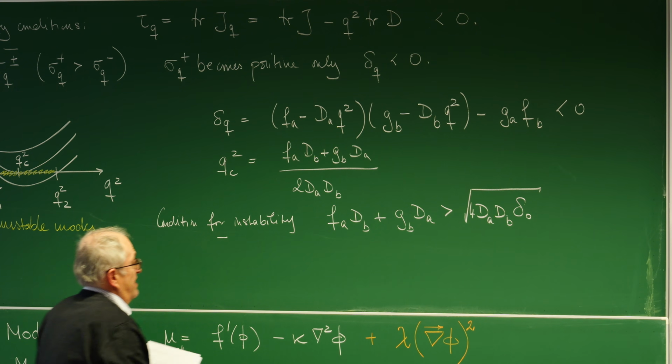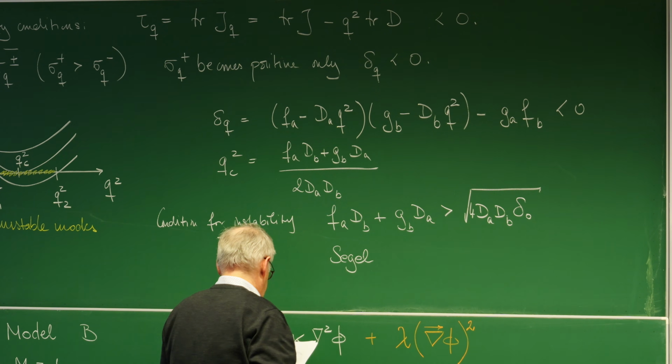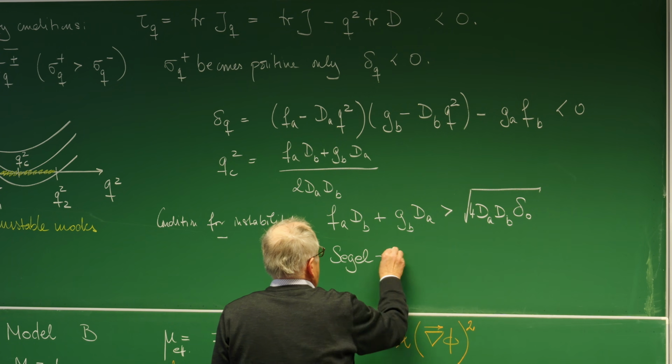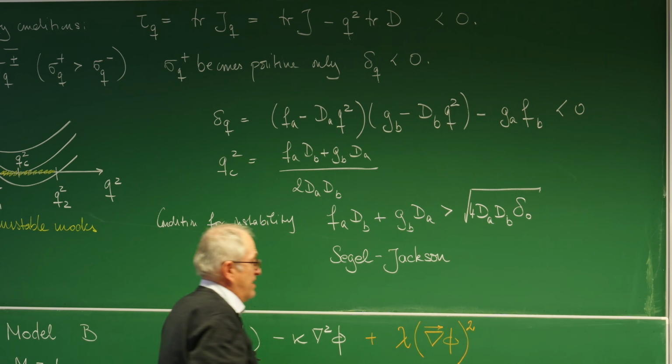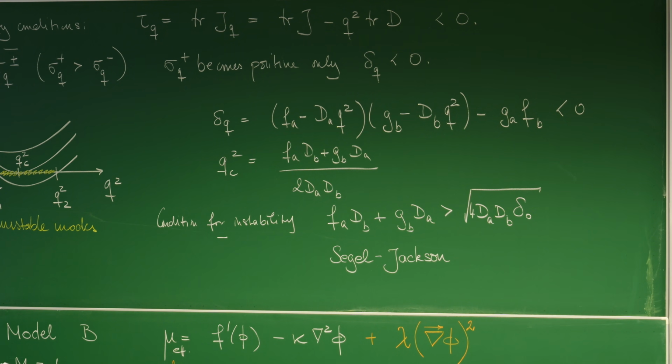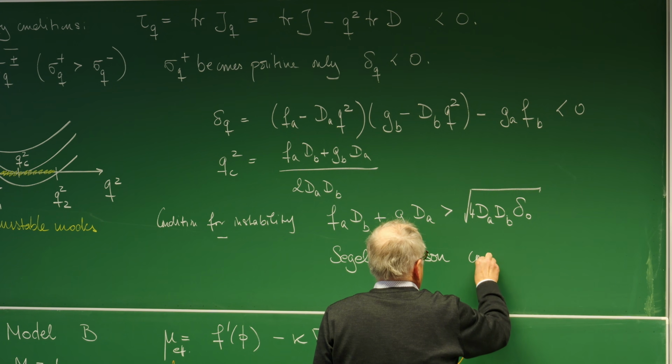And this condition has a name according to the people that derived that. Segel, the same that we already talked about in the Keller-Segel model. And this is called the Segel-Jackson condition.